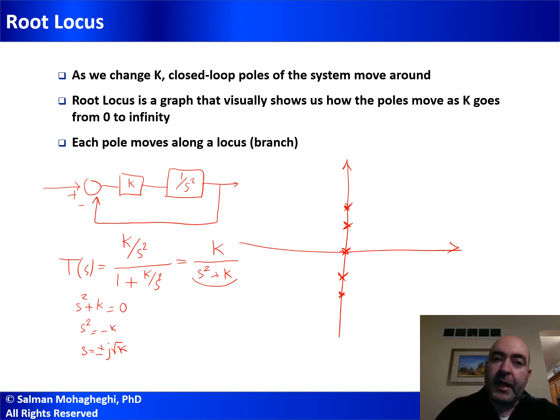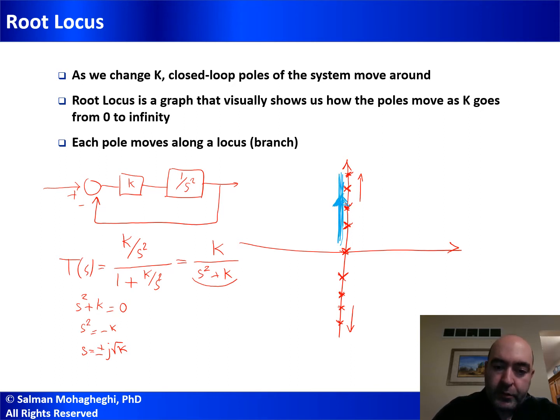And you can see the pattern here. As I start increasing k, one of the poles will move along the j omega axis all the way towards infinity, and the other one will move along the j omega axis towards minus infinity. So if I use different colors, one of the branches is going to be this branch along j omega axis in this direction.